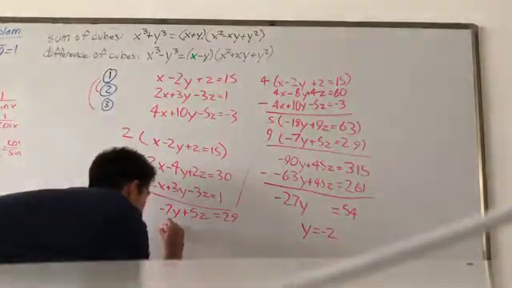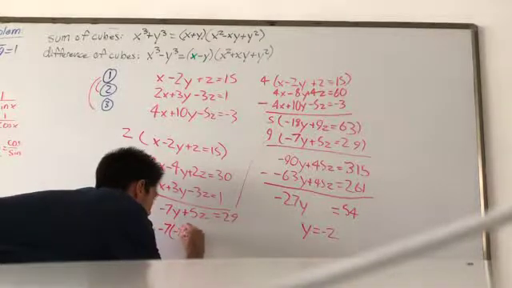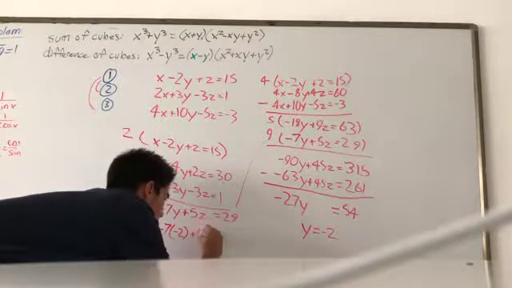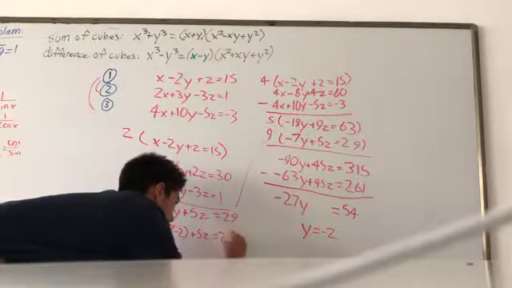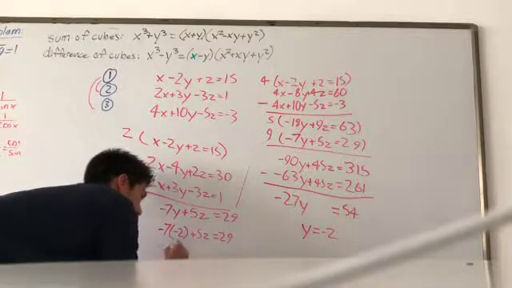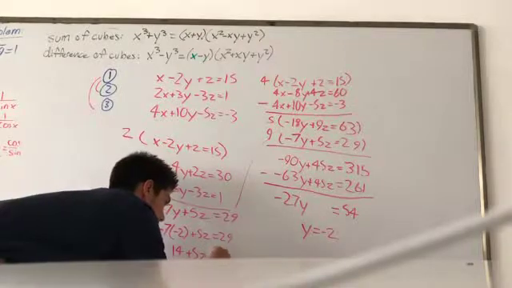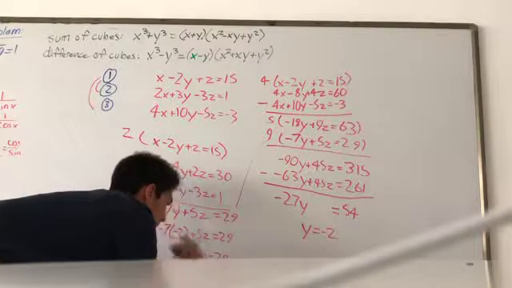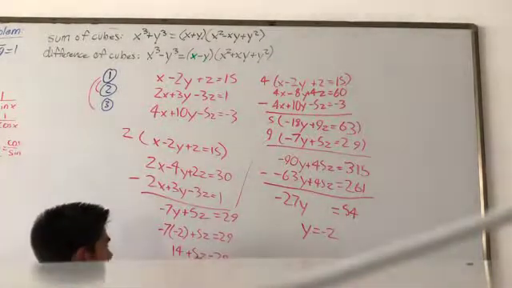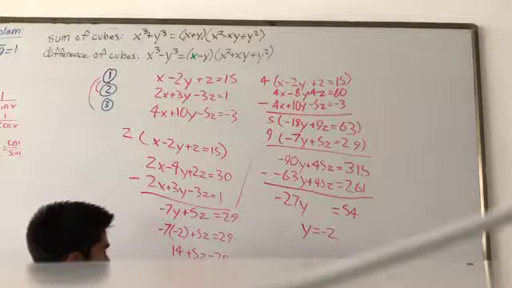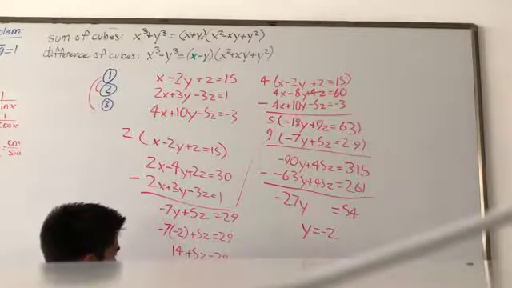So I end up with negative 7 times negative 2 plus 5z equals 29. Negative 7 times negative 2 is a positive 14, plus 5z equals 29. I can subtract 14 from both sides, so I get 5z equals 15. And then if I divide by 5, I end up with z equals 3.